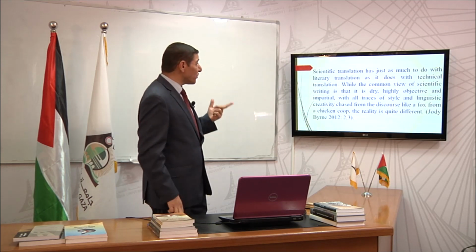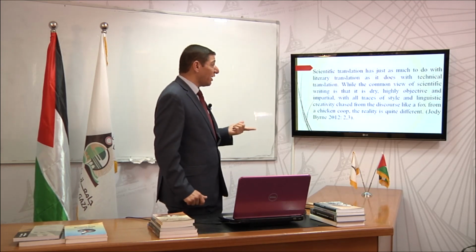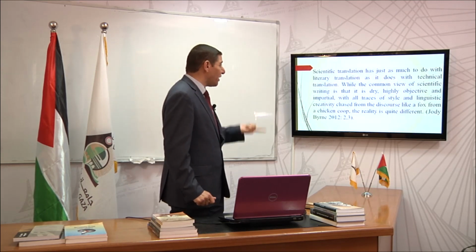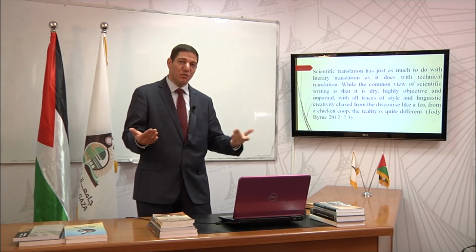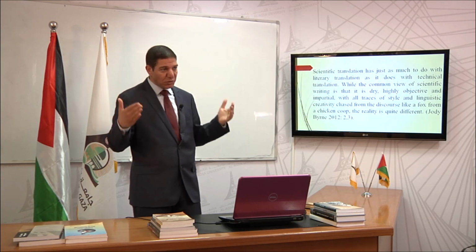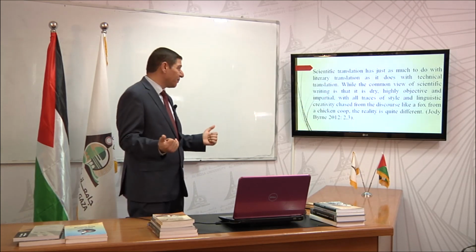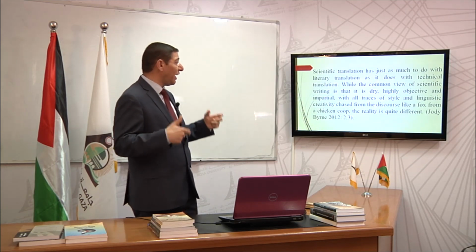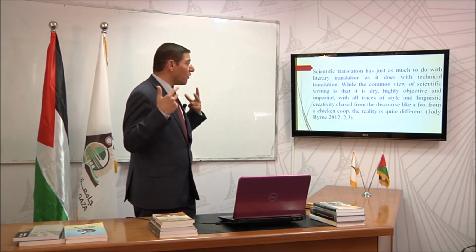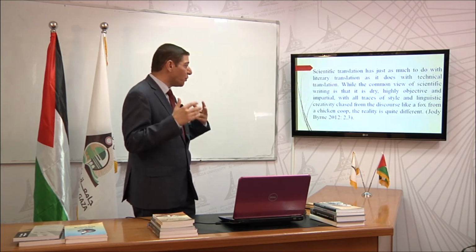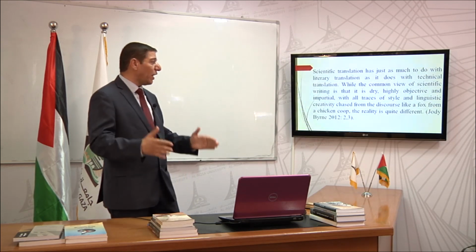While the common view of scientific writing is that it is dry, highly objective, and impartial. You know the word impartial. It has nothing to do with figures of speech. No, this is not the case nowadays. With all traces of style and linguistic creativity chased from the discourse like a fox from a chicken coop. No, the reality is quite different.